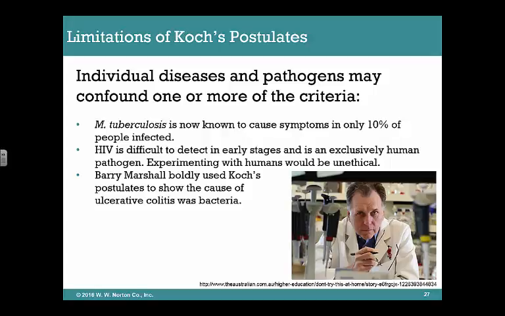One story that I want to share with you, though, is about Barry Marshall, an Australian physician who was so convinced because of the correlation that he saw, with almost all of his patients having a bacterial infection with Helicobacter pylori when they came in and complained of symptoms of ulcers or ulcerative colitis, so an inflammation of the colon in the form of ulcers.